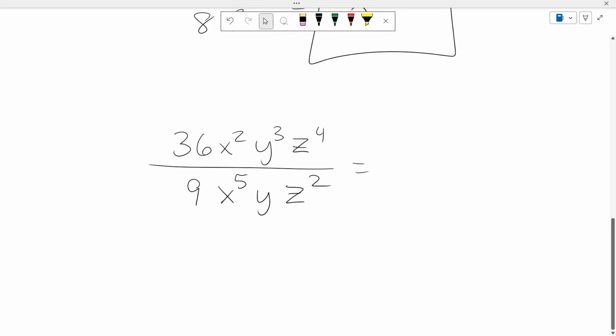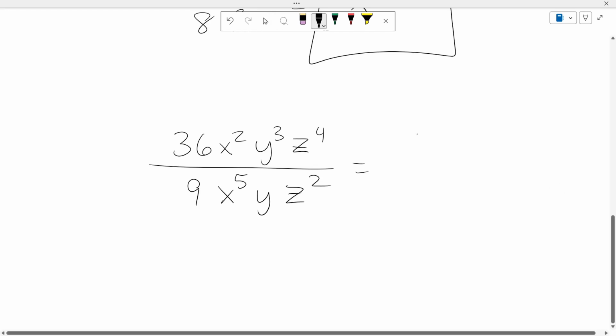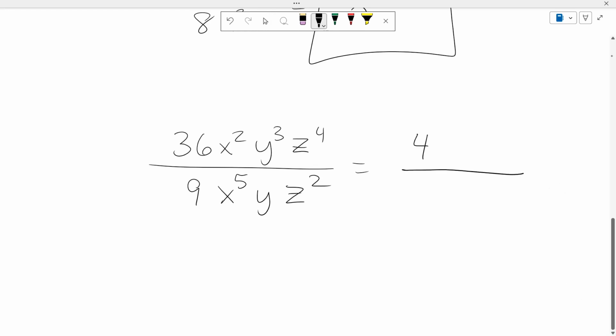All right, David, let's solve it right now. All right. 36 over 9. What's 36 divided by 9, David? 4. So he has a 4 on the top. Where is the higher power of x? On the bottom. What's 5 minus 2? 3.